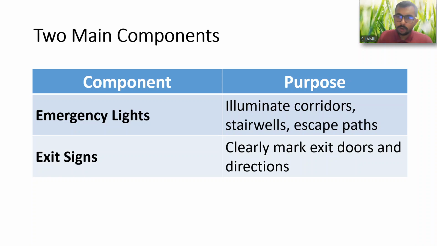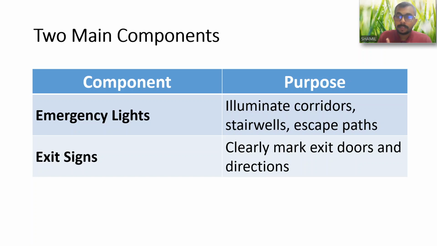Now, there are two main components of the emergency and exit lighting system. The first one is the emergency light. The purpose of the emergency light is to illuminate the corridors and the stairwells or staircases, or, to put it simply, what we collectively call escape paths or egress routes. In order to light up these paths, we need emergency lights installed.